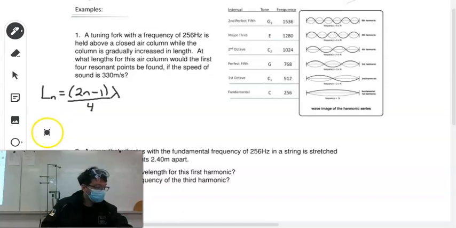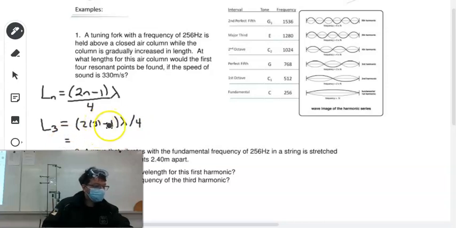Let's just pick a random one, the third resonance length, or the third harmonic. That would be (2 times 3, minus 1) lambda over 4, which is 6 minus 1, which is 5 over 4 lambda.